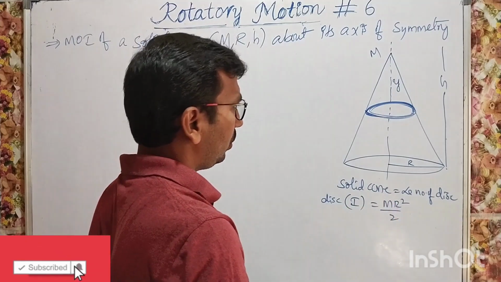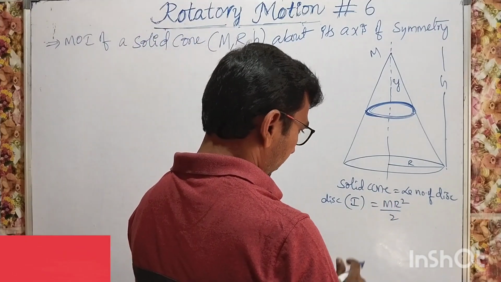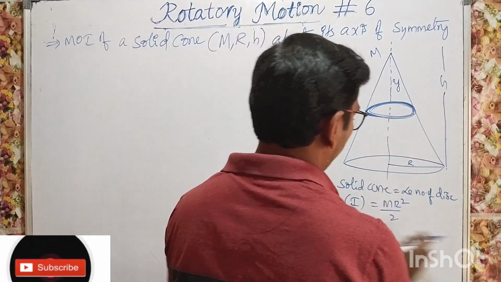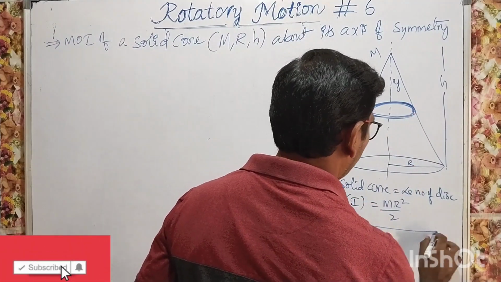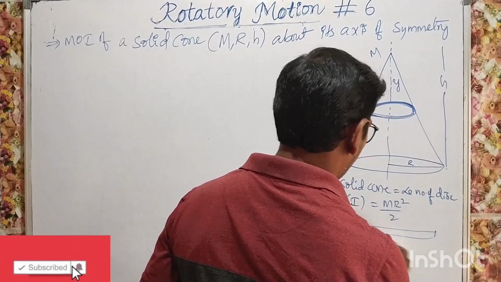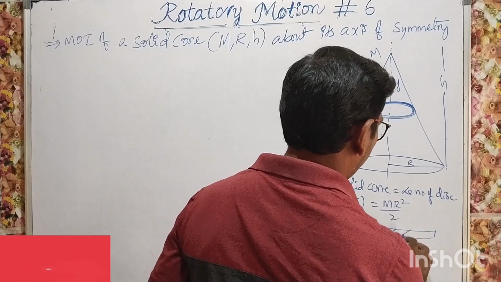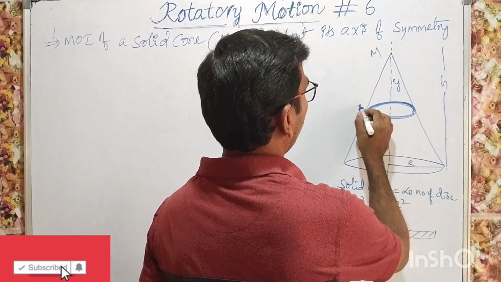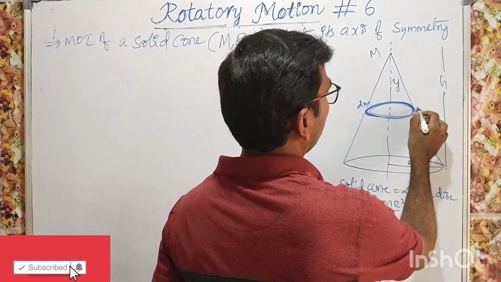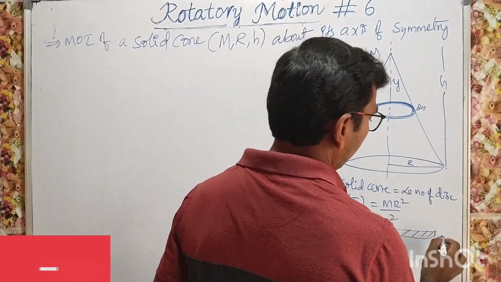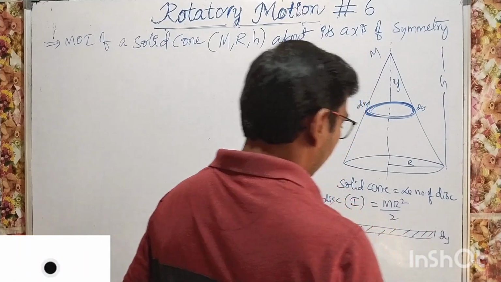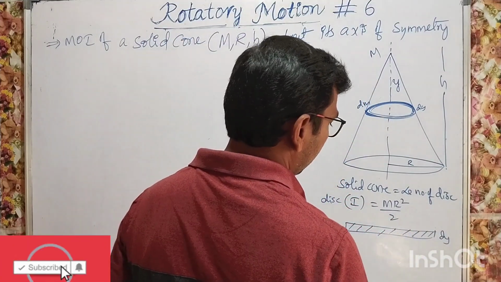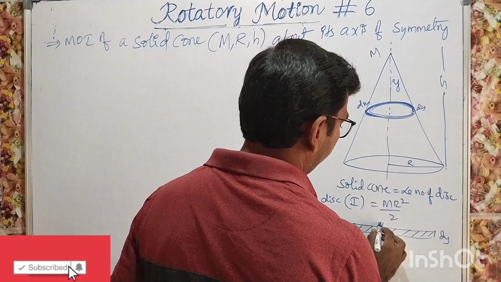I will consider a small element that you cut straight. This thickness is dm and this thickness is dy. The area is pi r square.